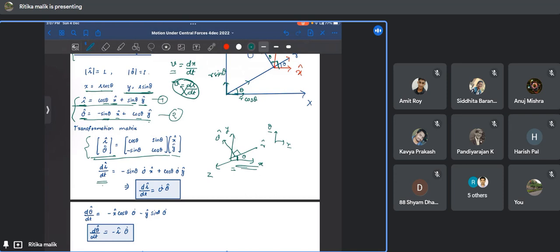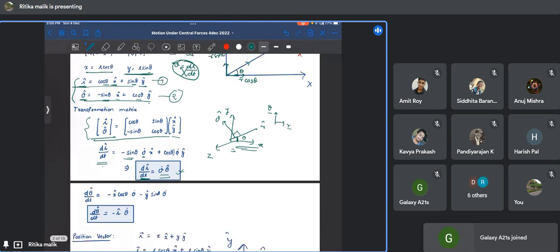So for dr cap by dt, you just differentiate equation 1 with respect to t and apply the chain rule, then it will become this form, and you just take theta dot outside, so it becomes theta dot theta cap. I think you will get how dr cap by dt changes to theta dot theta cap.